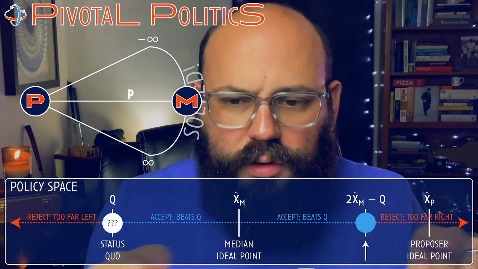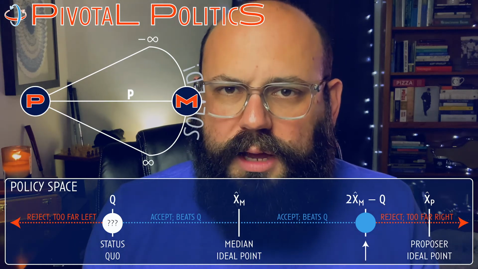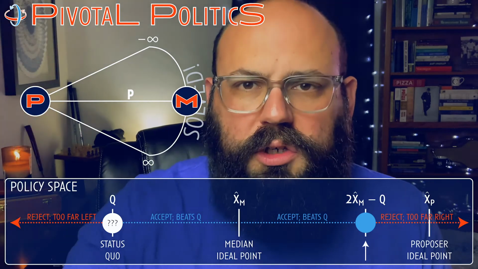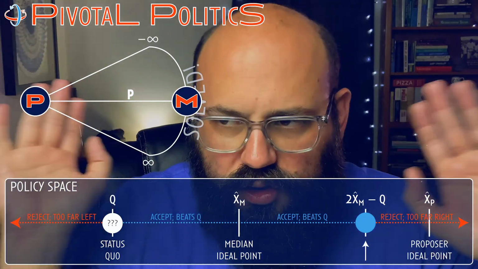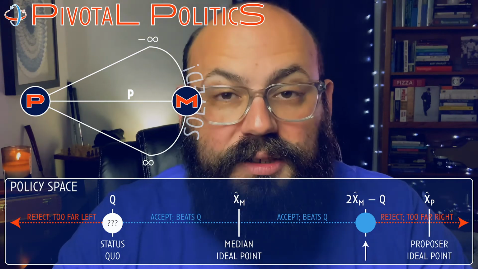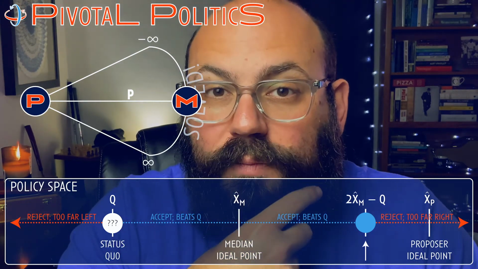So what the median voter has to do here is pretty complicated, but in response to it, all that the proposer has to do is say 2m minus q it is, and that's our new status quo. I just improved the status quo. The median voter here is precisely indifferent over where she was at the status quo.